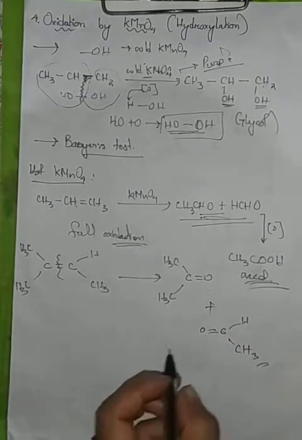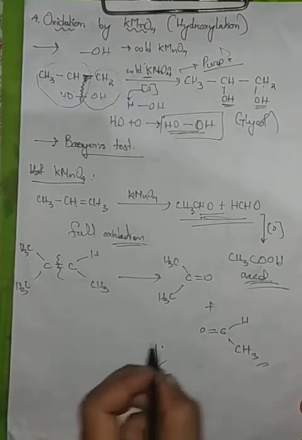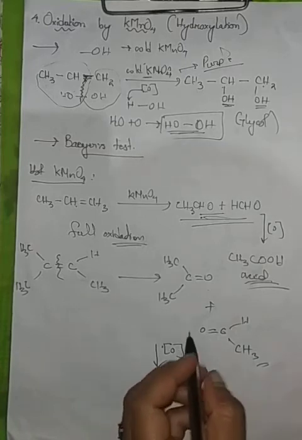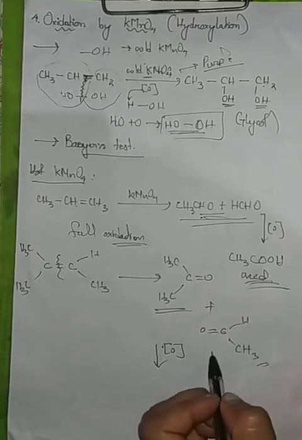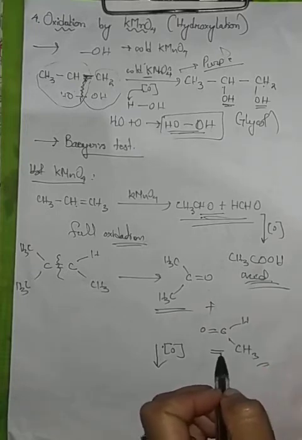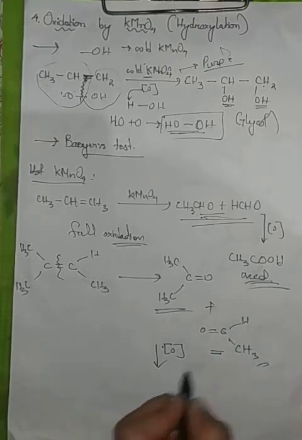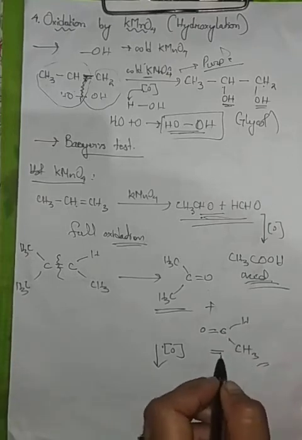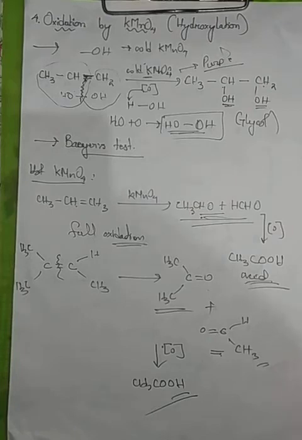Now we get these products, and when further oxidation takes place, this is a ketone. Ketones do not undergo further oxidation, but aldehydes undergo oxidation to produce carboxylic acids. Therefore, when these aldehydes undergo oxidation, CH3COOH acids are produced in this way when hot KMnO4 oxidizes alkenes.